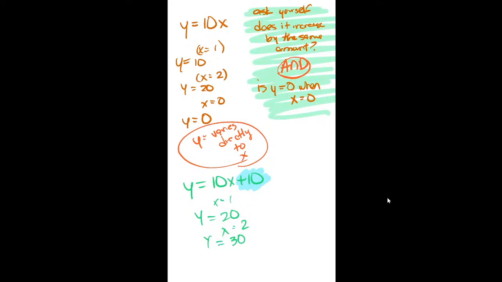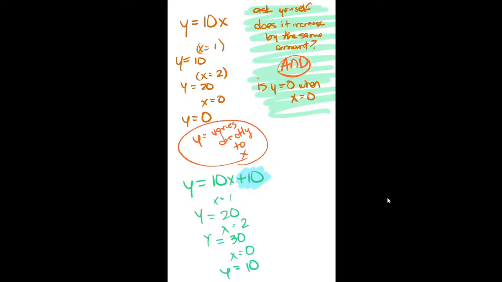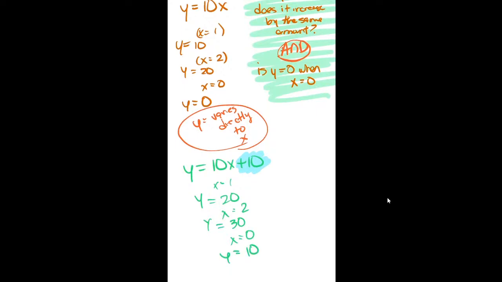So although they're both increasing by 10, when x equals 0, y equals 10 in this case. That is your red flag, guys. When x is 0, y wasn't 0. Y was something else. Another funny way to think about this is when x is 0, y moves on with its life. It doesn't go to 0 with x.